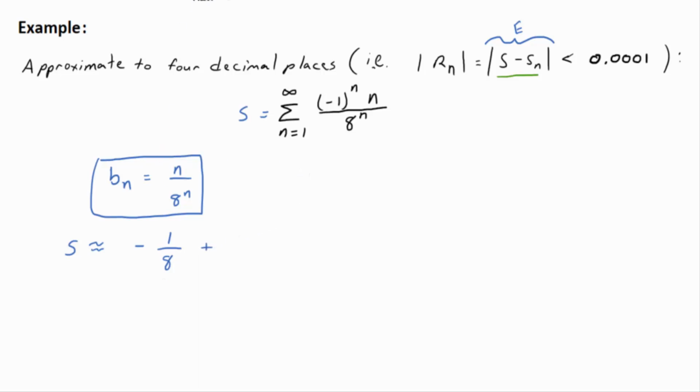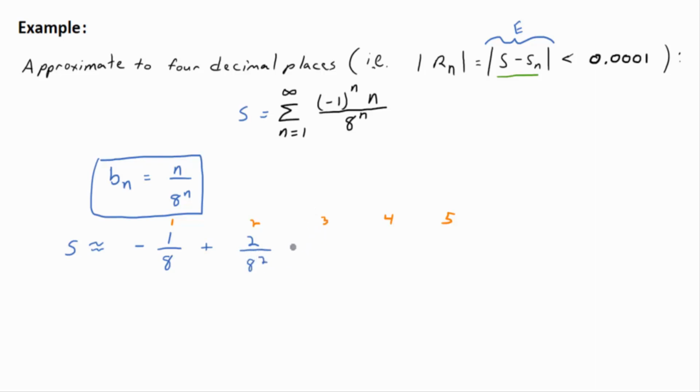Plug in 2. So you're going to plug in 1, you're going to plug in 2, you're going to plug in 3. I don't remember how many we need to go, but we're going to need to go several. So that's what you get when you plug in 1, and then it alternates to plus. What do you get when you plug in 2 for Bn? Yeah, 2 over 64, or just 2 over 8 squared.